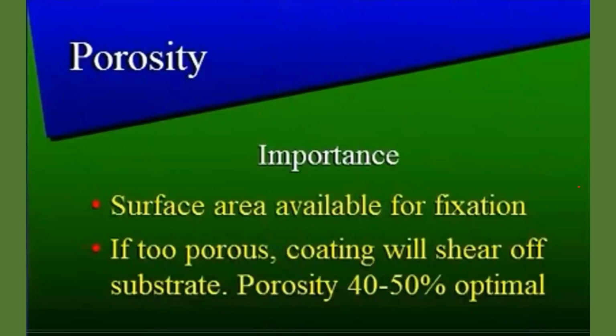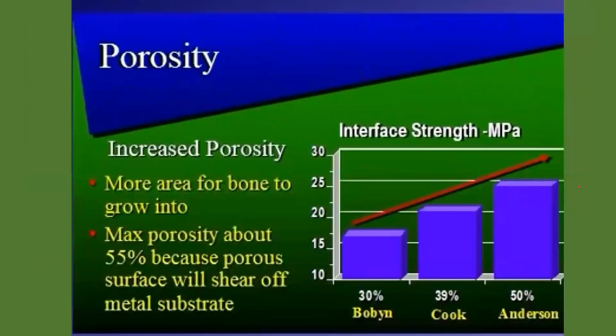Porosity is the surface area available for fixation. With porous coating, we like to have 40 to 50% coverage, not more. And the more area for bone to grow into, maximum porosity should be around 55%.